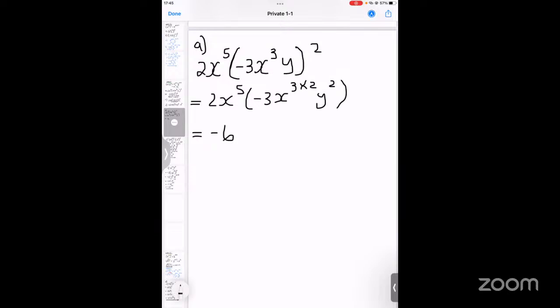Negative 6 x to the power of 5 times 6. Then next you write y to the power of 2.